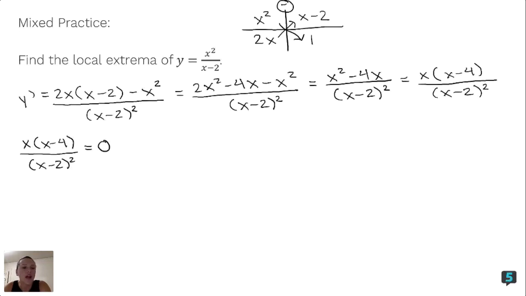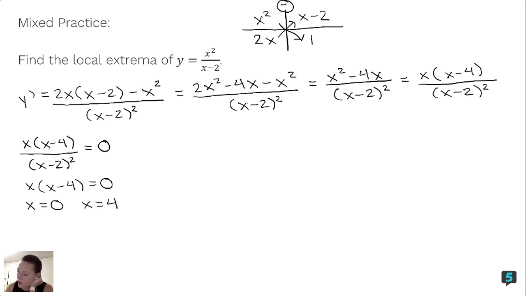When I have a fraction equal to 0, we really only care about when the what equals 0? Numerator, exactly. So I'm going to solve this as x times x minus 4 equals 0, which is going to give me 0 and 4.